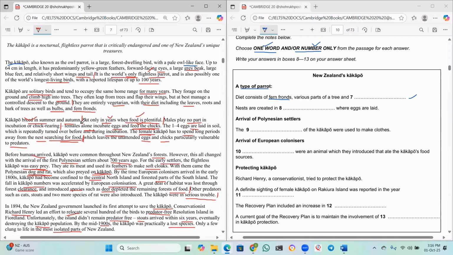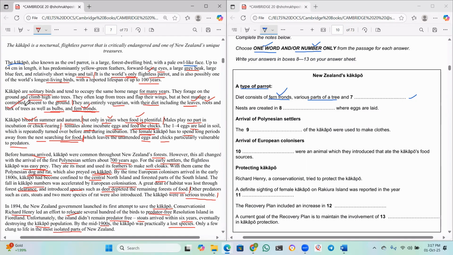Second paragraph: They are entirely vegetarian with their diet, including the leaves, roots, and bark of trees, as well as bulbs and fern fronds. Now he gave fern fronds here, so this cannot be the answer. Various parts of a tree: leaves is a part, roots and bark of trees.